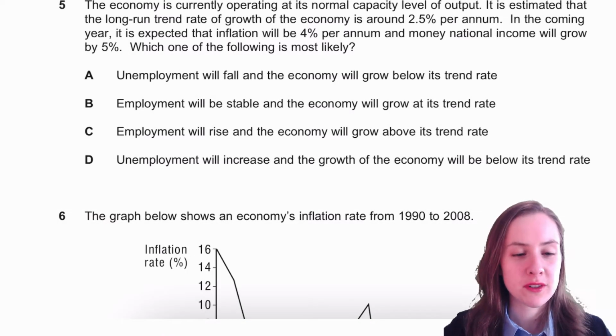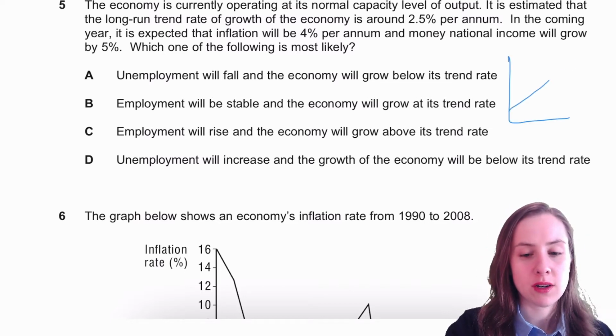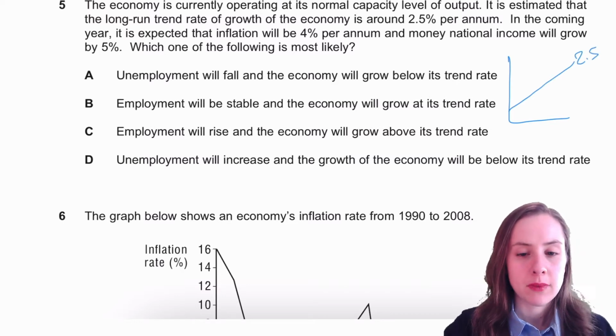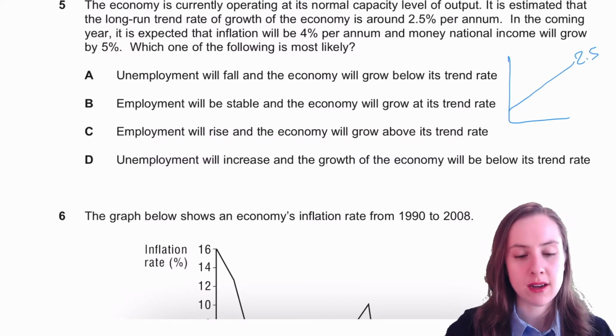Question 5, the economy is growing at 2.5%. That's the long-term growth. So just to remind you, that's your long-run average, that 2.5 thing. And it's saying that right now inflation is 4% and GDP is increasing by 5. Okay.